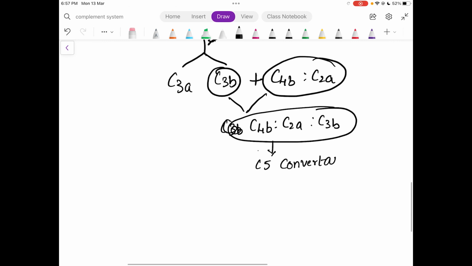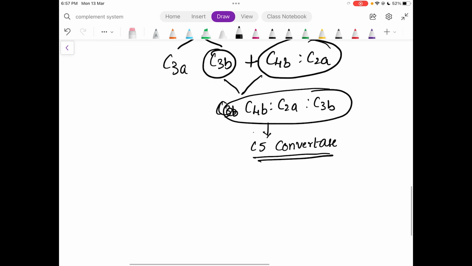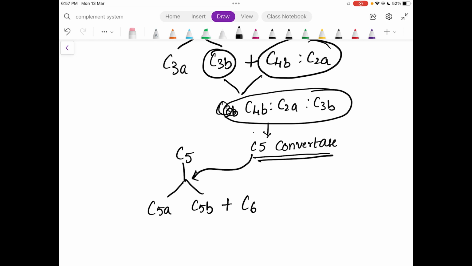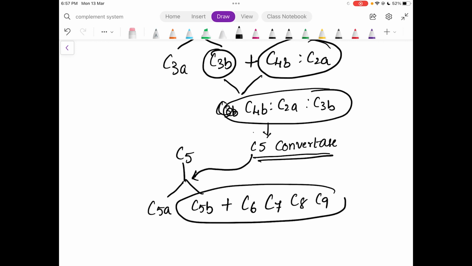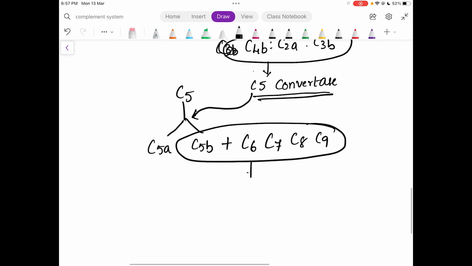As every convertase has protease activity, this C5 convertase will convert C5 into C5A and C5B. This C5B will combine with other complement factors C6, C7, C8 and C9. They will together form a complex called MAC.